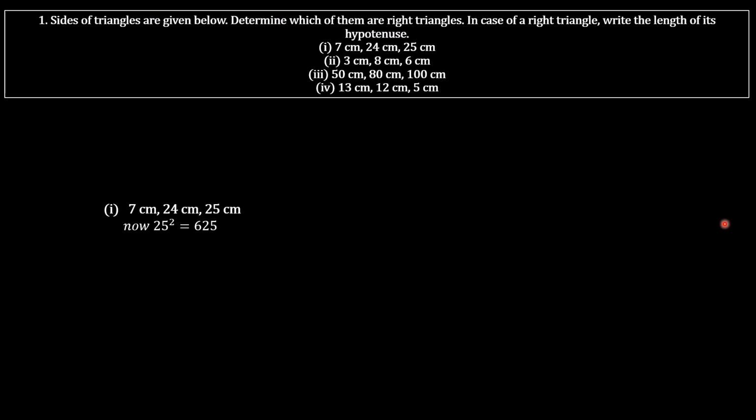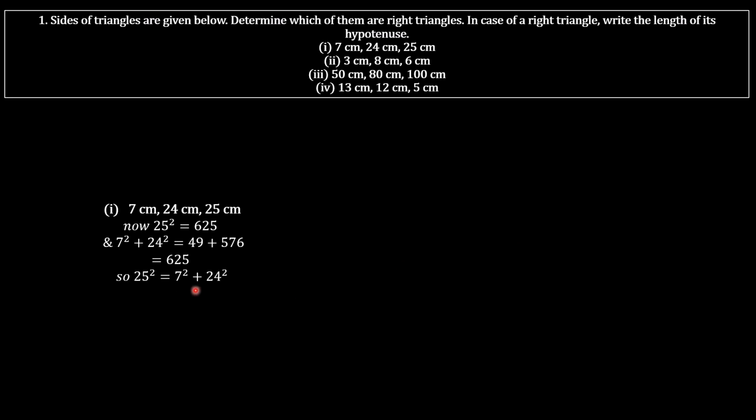So 25 square gives us 625, and 7 square is 49, 24 square is equal to 576. When we add 7 square plus 24 square, it comes out to be 625, meaning 25 square is equal to 7 square plus 24 square.